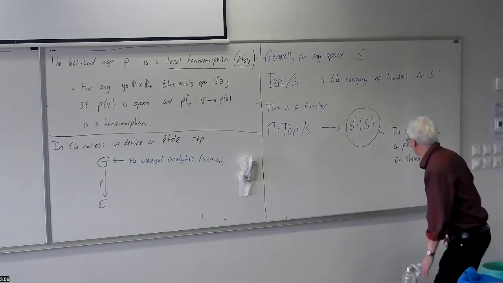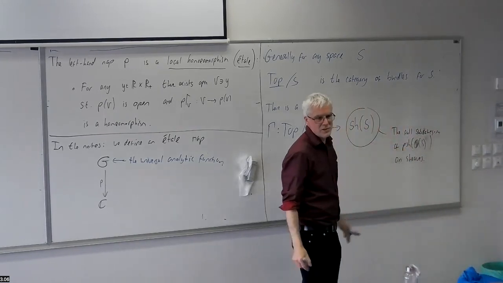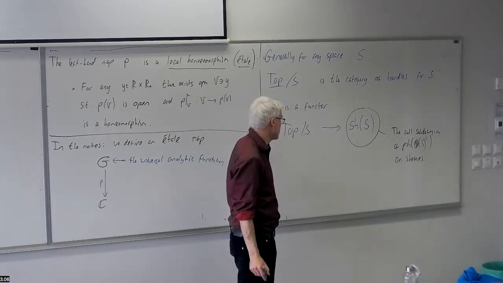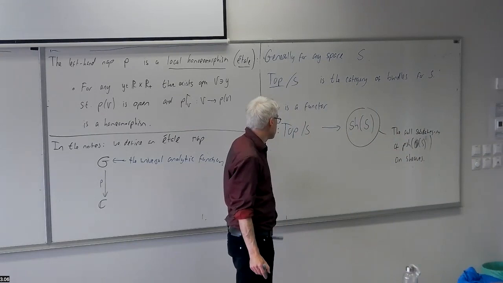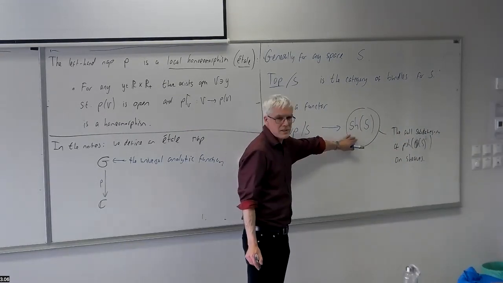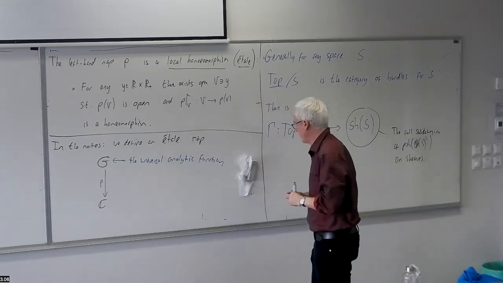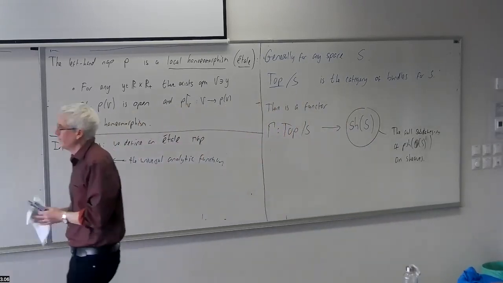Namely, simply throw out the pre-sheaves that are not sheaves and just retain the objects that satisfy the sheaf condition. So any bundle is going to give us a sheaf, and this is defined in a rather simple way.